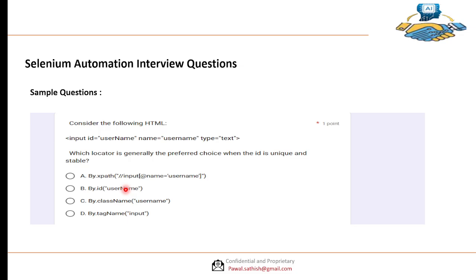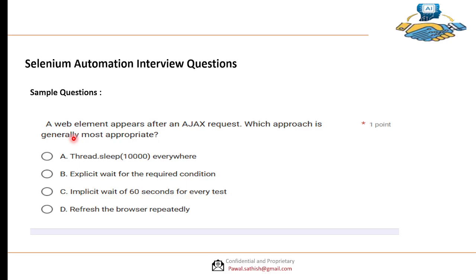Next, the sample question: a web element appears after an AJAX request, which approach is generally most appropriate? When you are working on automation as an automation tester, we face issues like sometimes the application is very slow, sometimes very fast, and because of that our scripts sometimes pass, sometimes fail.